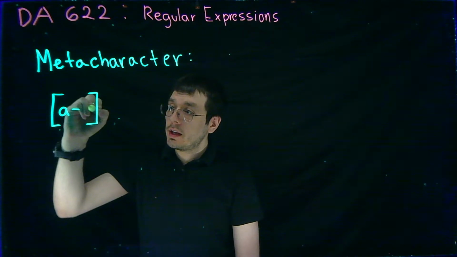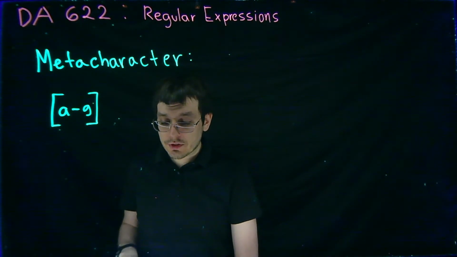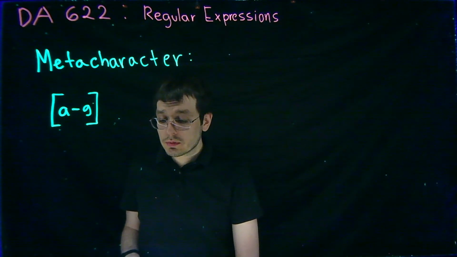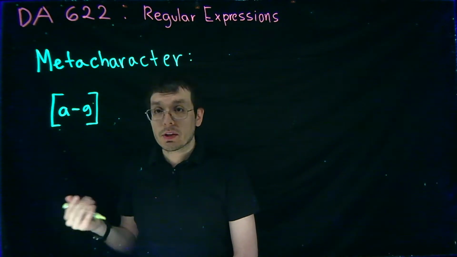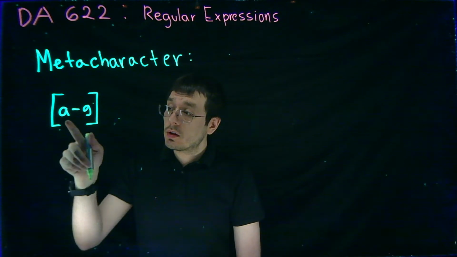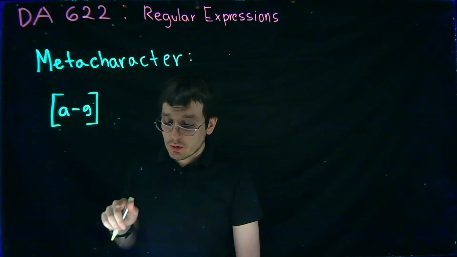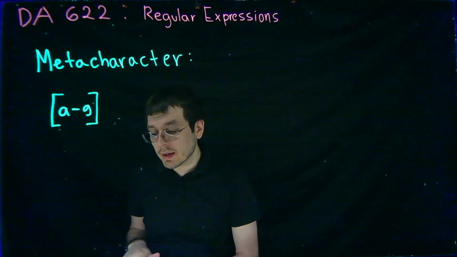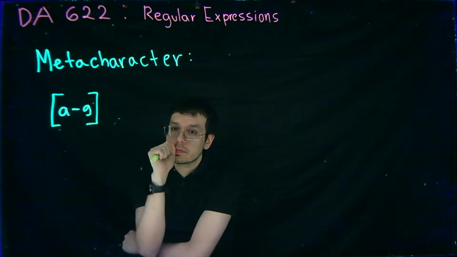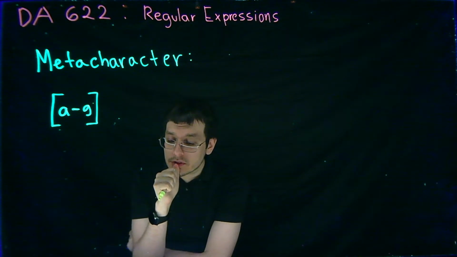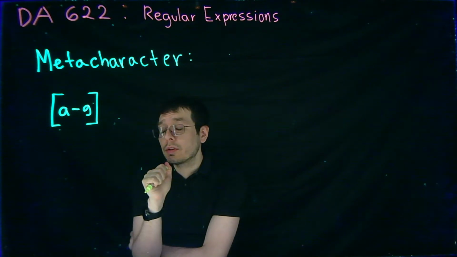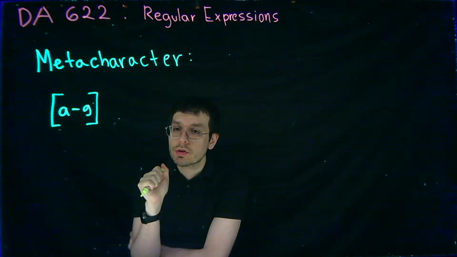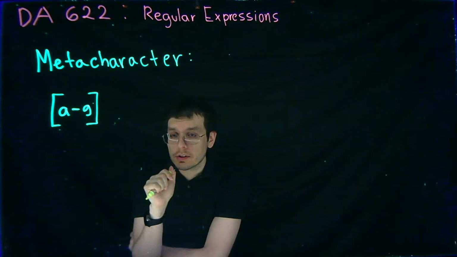So you could say A through G with a dash. What that's going to do is, you've got to remember your ASCII table. It's going to go from A through G, and look for all the characters that are alphabetically between them. So as long as somewhere in the text that you're searching there's one of these letters, it's going to flag it.